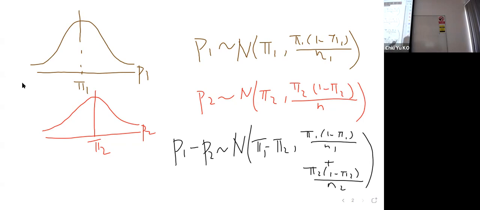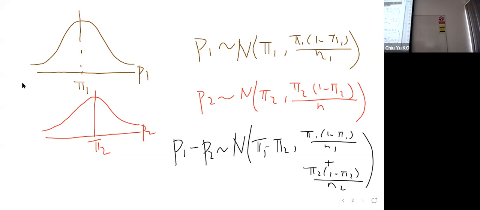Is there any question for this one first? Is that okay? Just by the central limit theorem, this is a normal distribution, and for the difference between two independent normals, the mean is the difference and the variance is the sum of their variances. I think you have learned it from the previous topic.